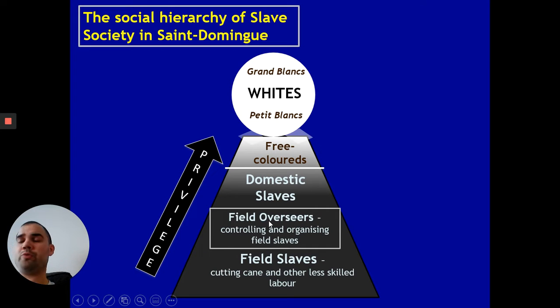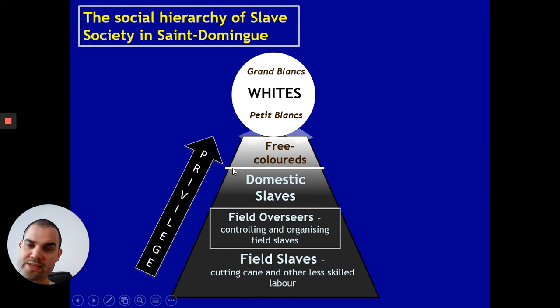So these were slaves who would be given a role in managing the other slaves by the plantation owners. So they would tend to get slightly better food, maybe slightly better accommodation. At the top of the slave hierarchy were really the domestic slaves. So the domestic slaves were the ones who got to work in the house. And the reason that was obviously a more privileged position is it was a lot less dangerous than working in the fields, and it was a lot less physically exhausting than field work. Okay, so within the slaves themselves, there is this hierarchy.